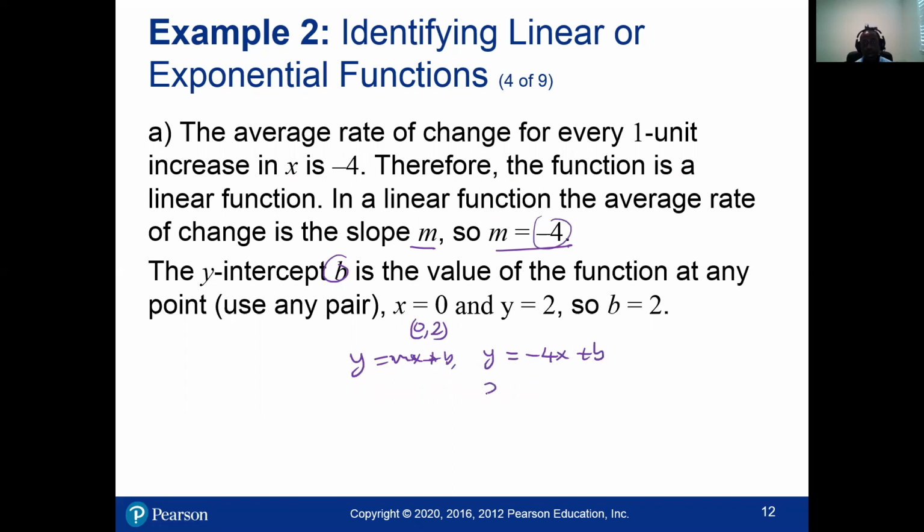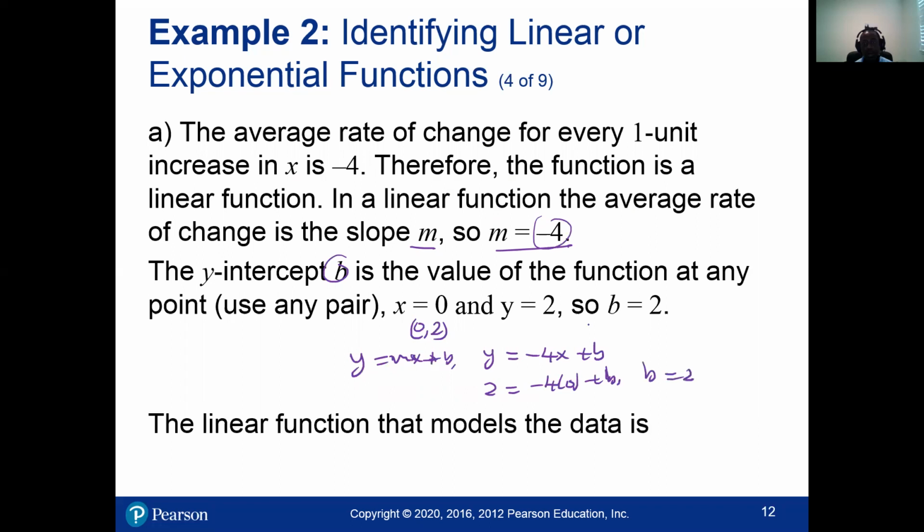So if I plug in, 2 is equal to negative 4 times 0 plus b, so b is equal to 2. So then we know that the function that models this is linear and is equal to minus 4x plus 2. In other words, f of x is equal to negative 4x plus 2. So that is linear.